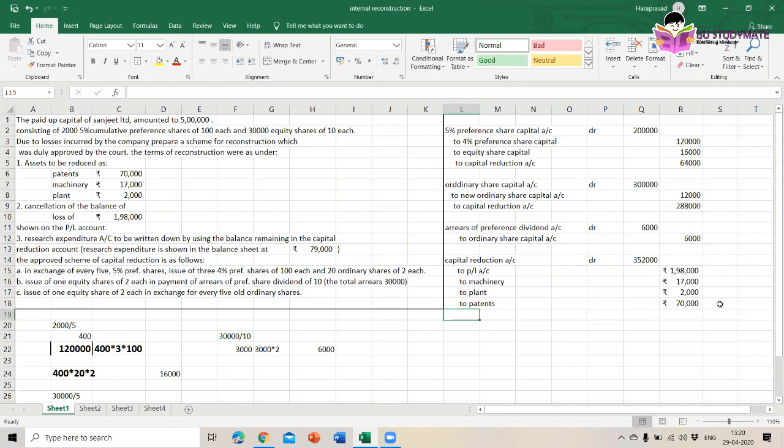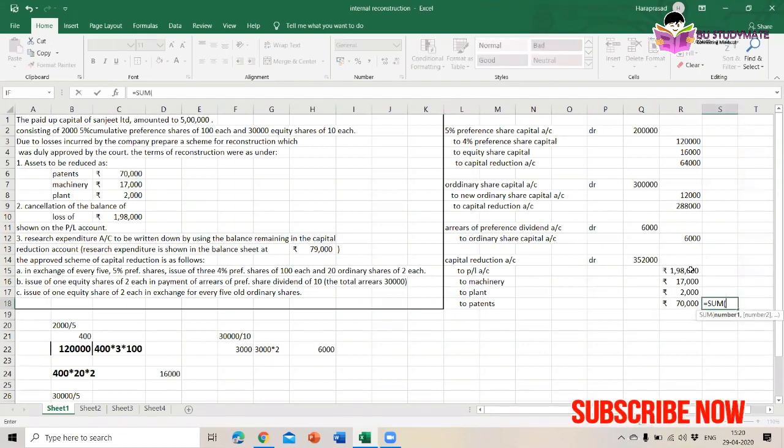If we total it, we get 2,87,000. Out of 3,52,000, we need to deduct 2,87,000. The remaining amount is what we write off to research expenditure. That is 3,52,000 minus 2,87,000, which is 65,000, to research expenditure.